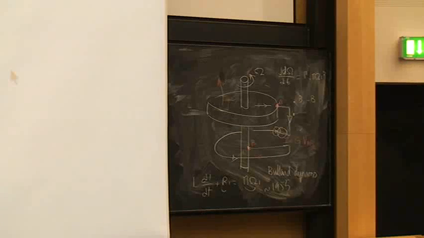So here is another way to cheat, which I call the Bullard-Cowling dynamo. So you have the fluid and the propellers.